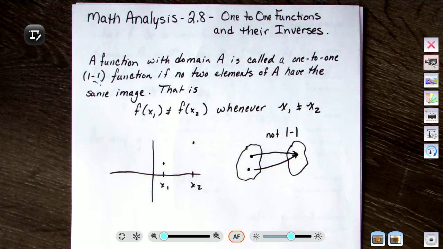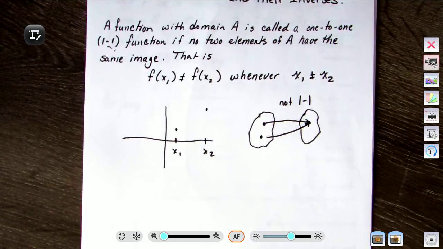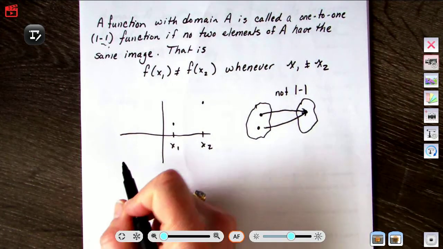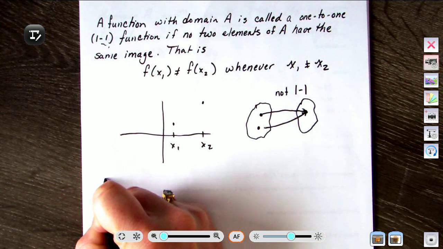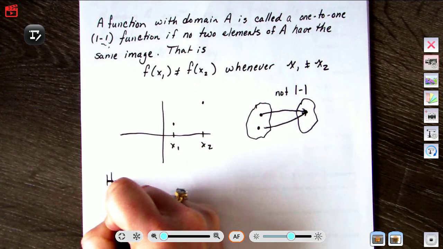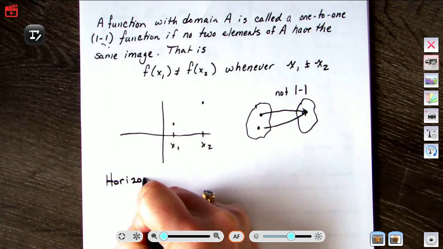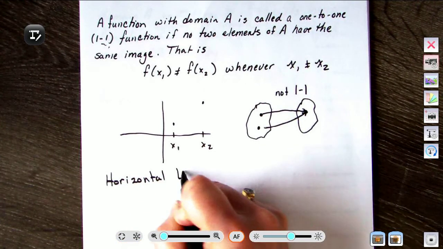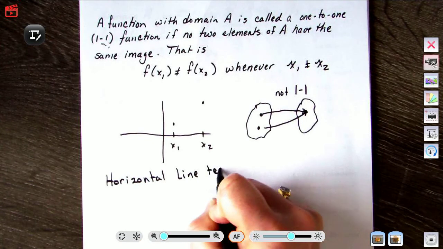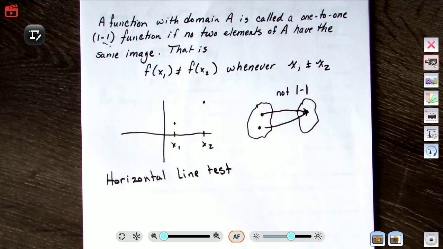All right. How can we tell? Well, it's easiest to tell by the graphs, and it just takes some time. But we use the horizontal line test to determine this. Similar to the vertical line test for functions, we have a horizontal line test for one-to-oneness.